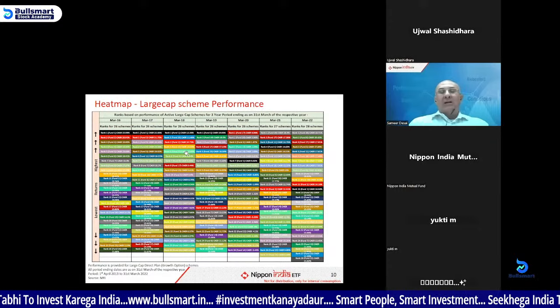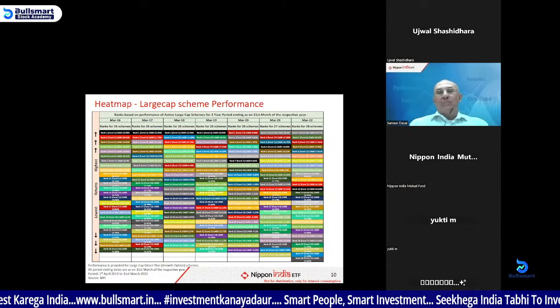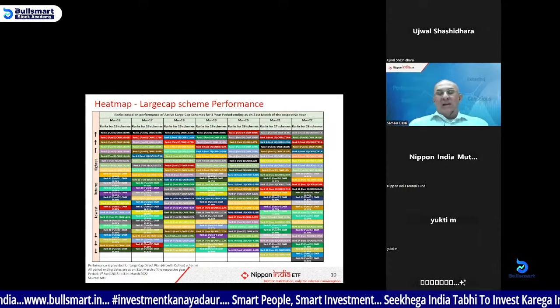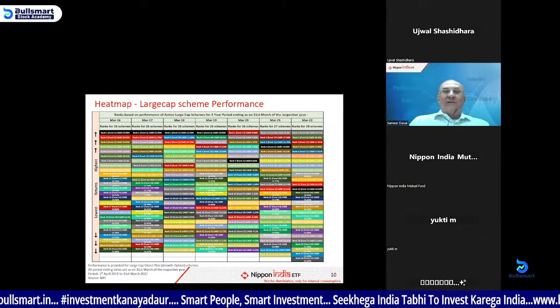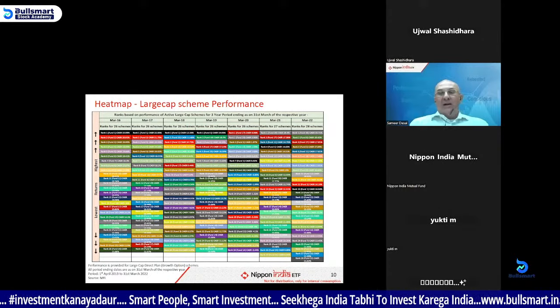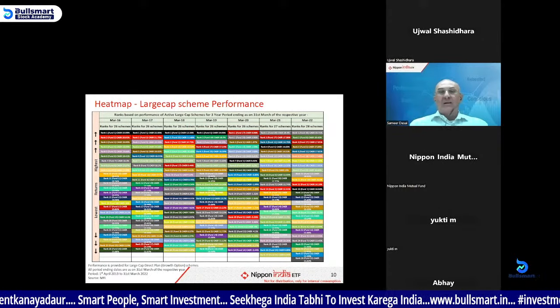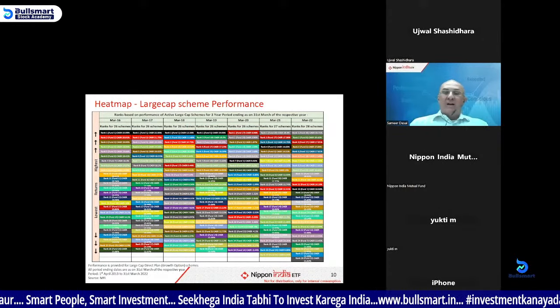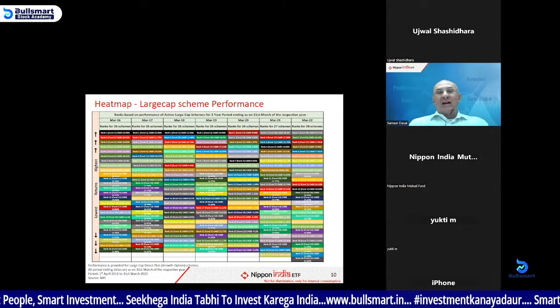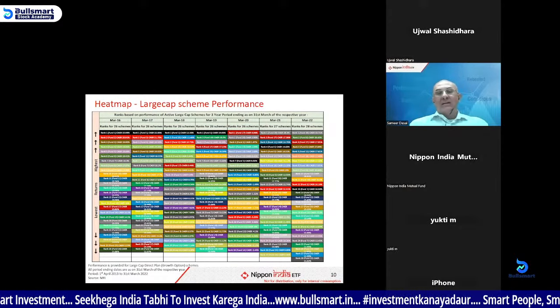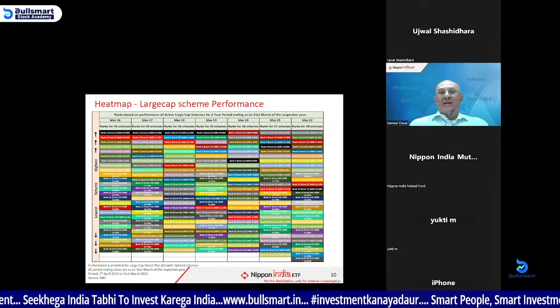So competition amongst highly talented professional fund managers ensures that alpha is not consistent. Individual alphas are no longer consistent. They change hands very quickly and they are transient. So nobody can consistently keep outperforming the market.